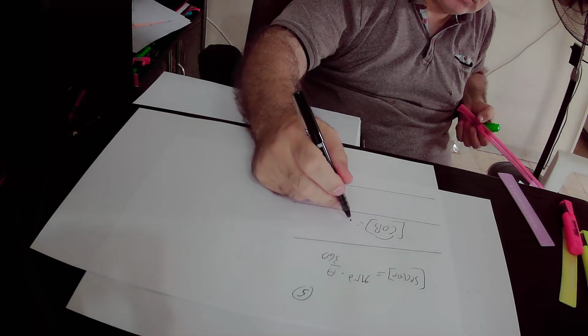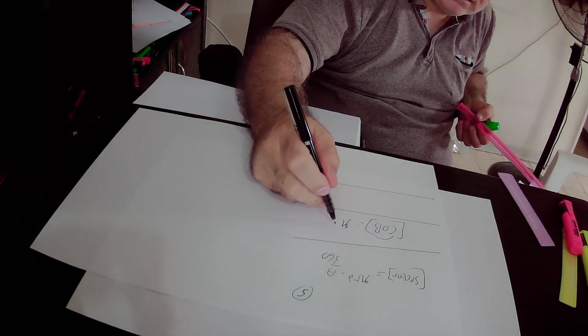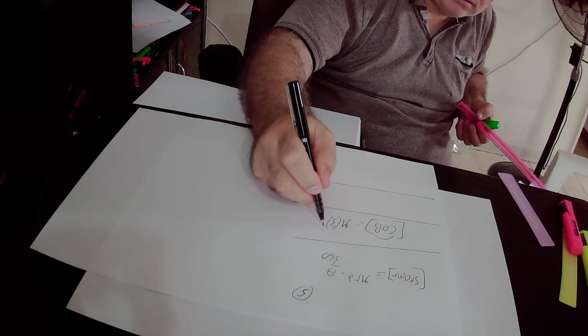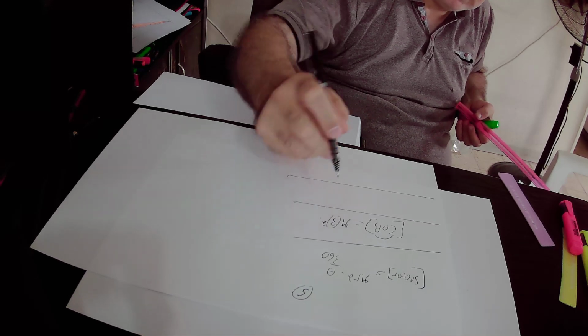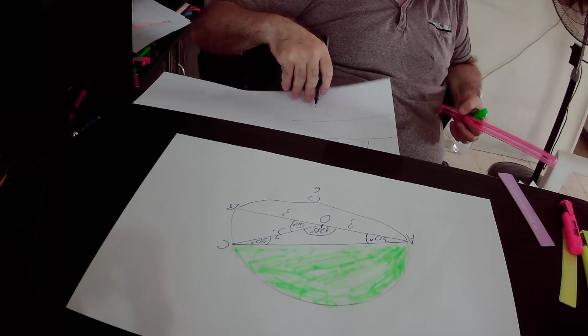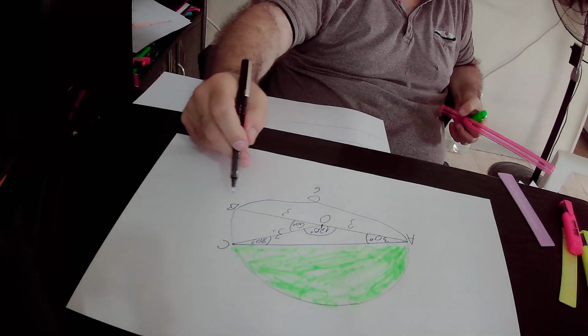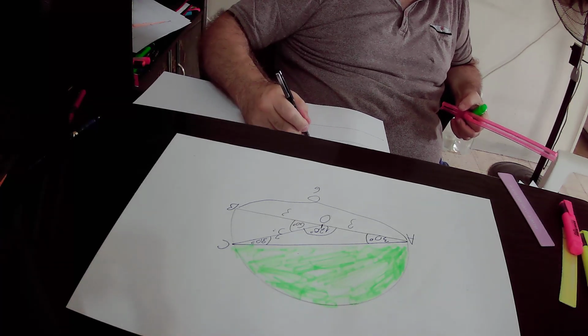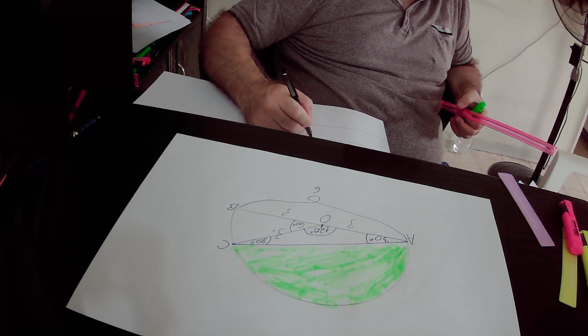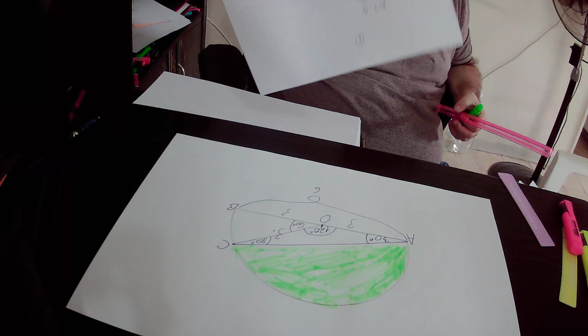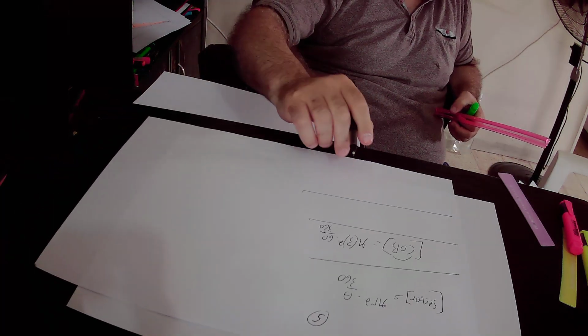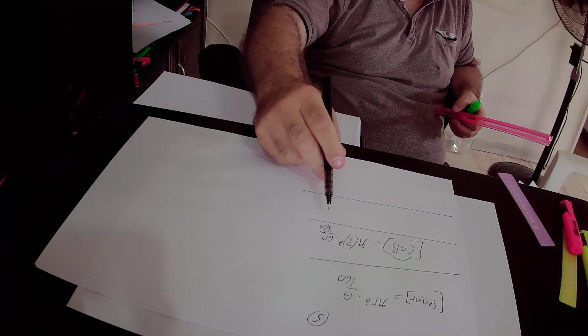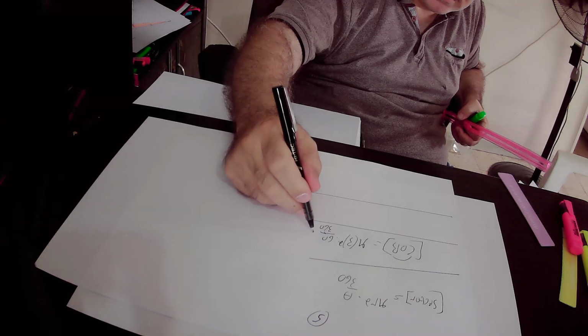R equals 3, so it is pi times 3 squared times theta. The angle between the legs of sector COB is 60 degrees, so it is 60 degrees over 360 degrees. So in conclusion, the area of sector COB equals pi times 3 squared times 60 degrees over 360 degrees.